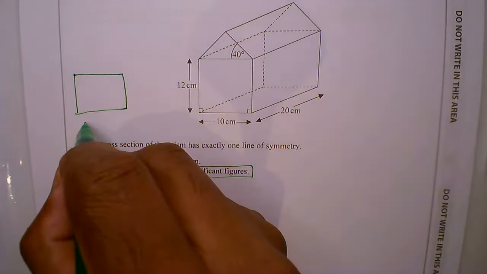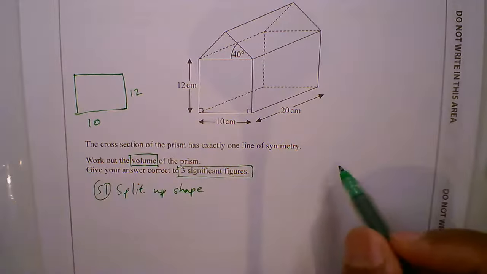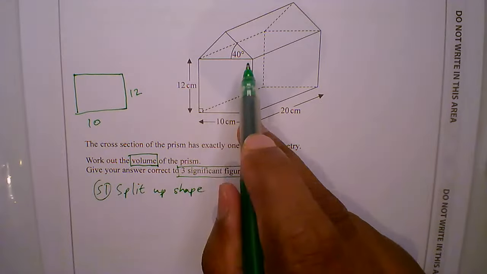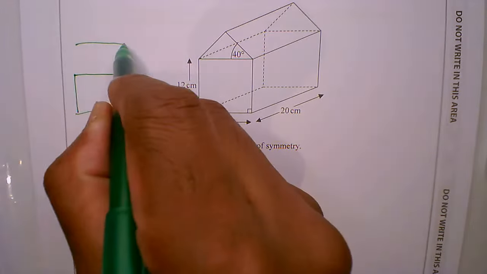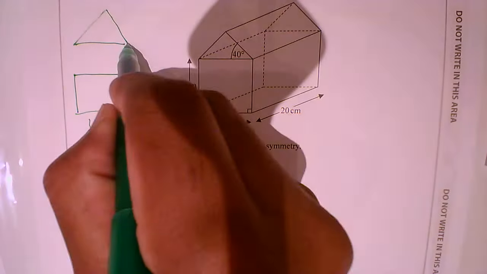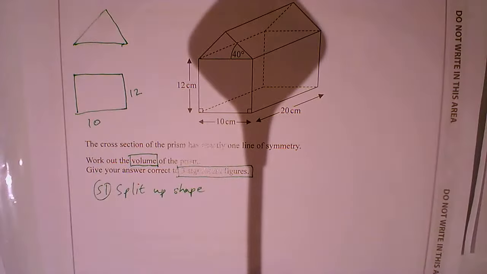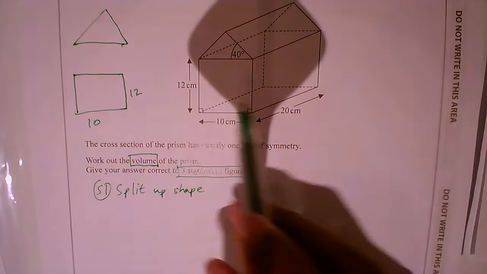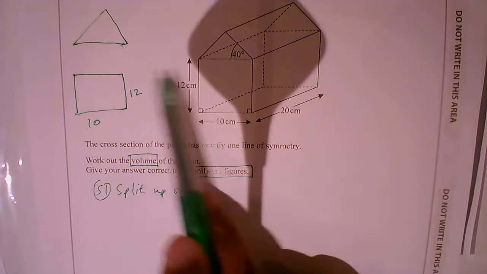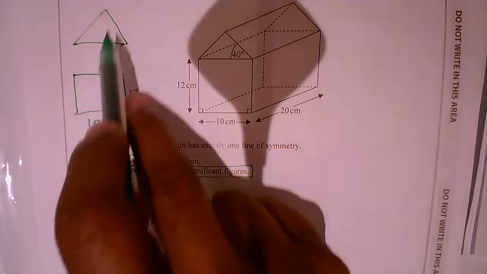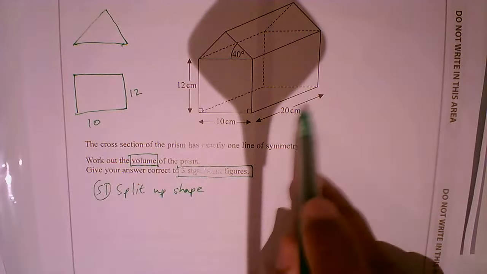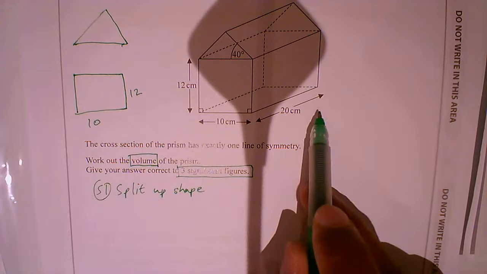You've got 10 and 12. I'm going to work out the areas of these, add them, and then multiply by this length. That's how I will get my volume.